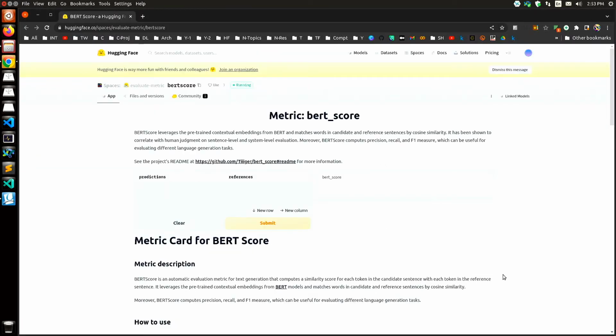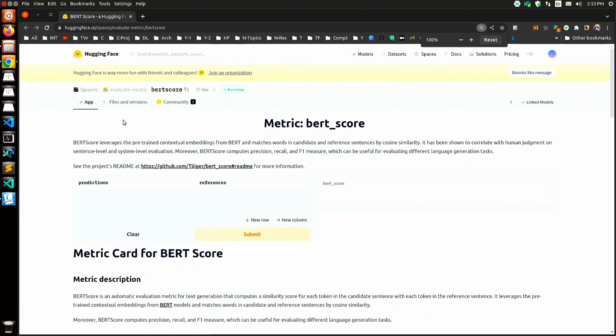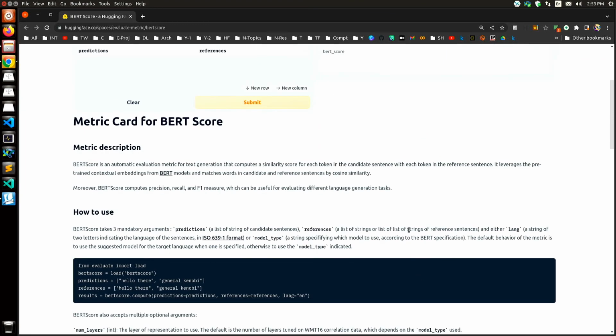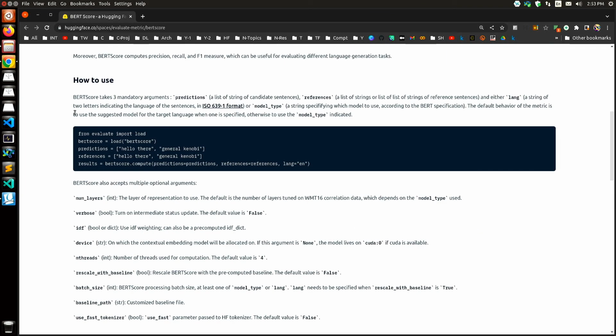For the actual implementation, BERTScore is already there in the Hugging Face metrics module. I'm looking at the official Hugging Face docs. BERTScore takes three mandatory arguments: predictions, references, and either lang, a string of two letters indicating the language of the sentences, or model type.